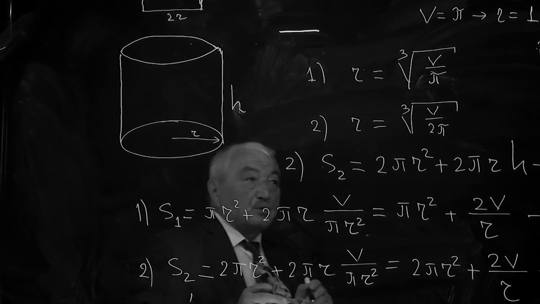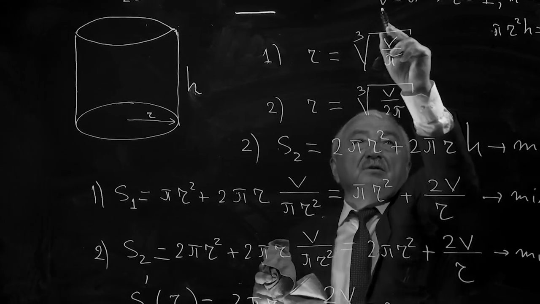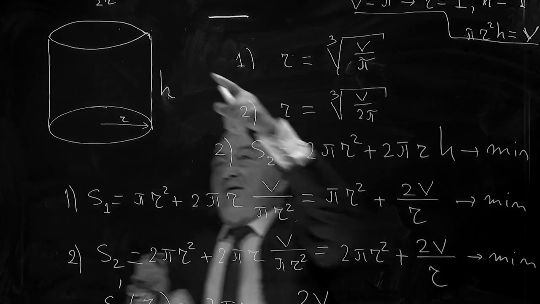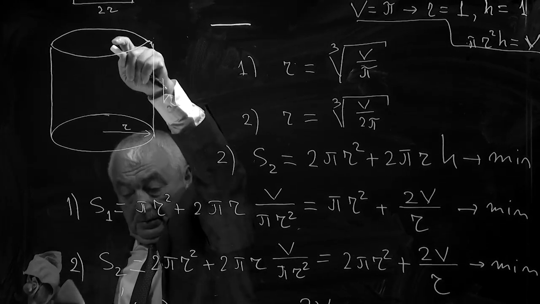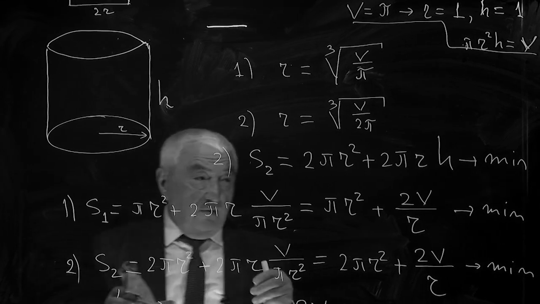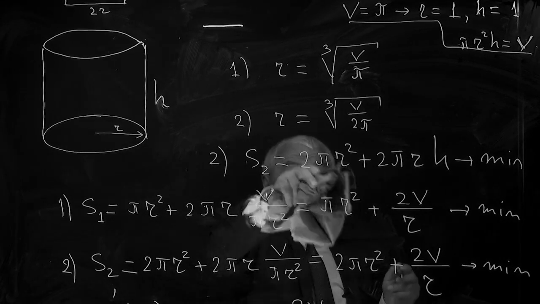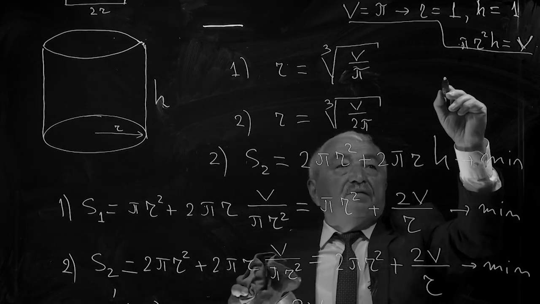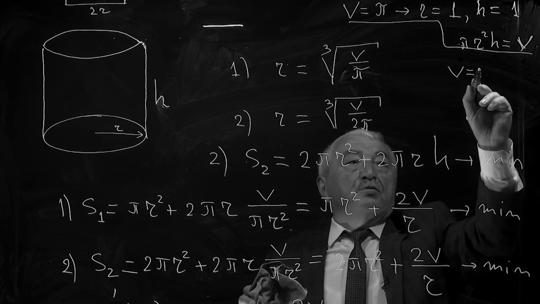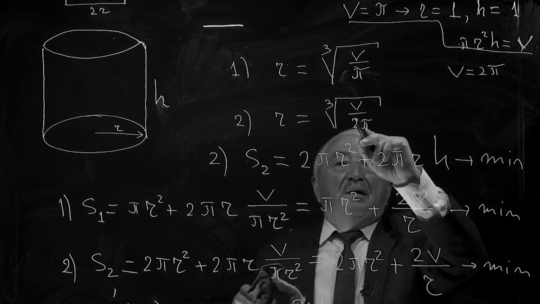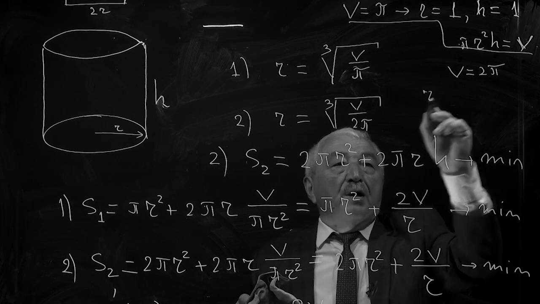In another situation, with this upper surface, for example, if V is equal to 2 pi, R is equal to 1.